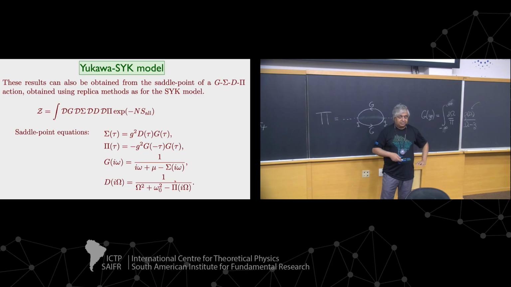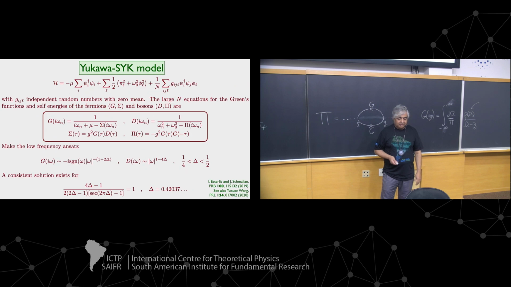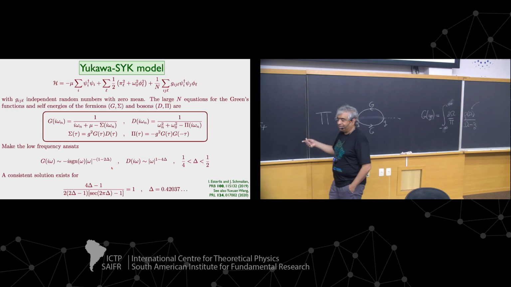Anyway, so you do exactly what I did on the board for the SYK model, and that was done in these papers in this case. So again, you make an assumption that there's some power law in the G, and then you can deduce the power law in D, and then you get some complicated equation for delta. Now, yesterday I had a very simple equation.